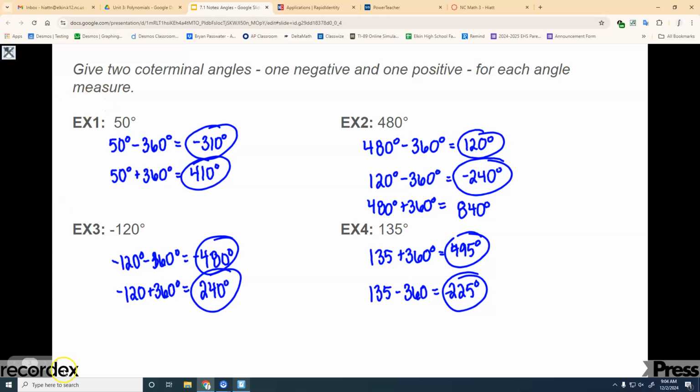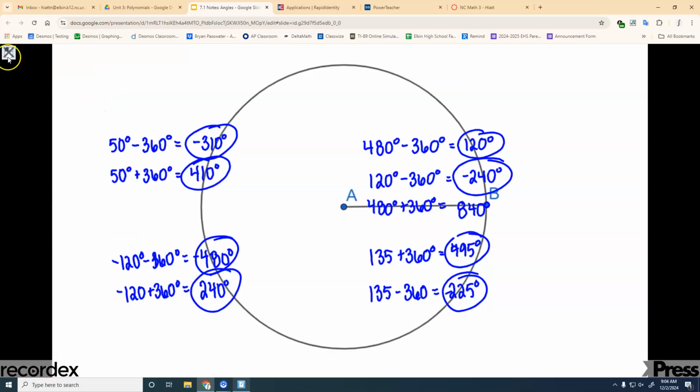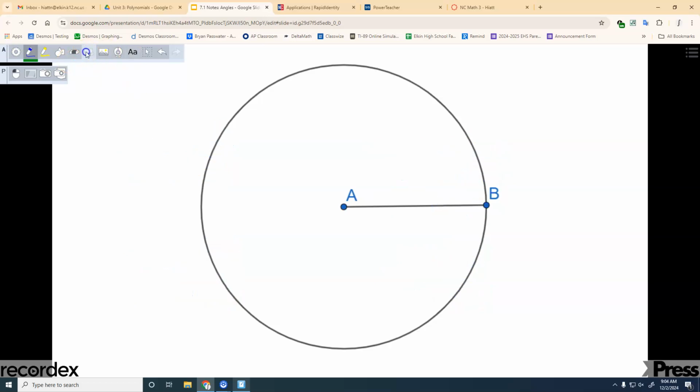All right, let's move on to this here. So, oh shoot. I forgot to drag out my screen.